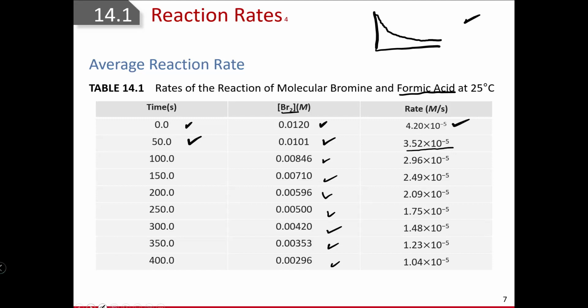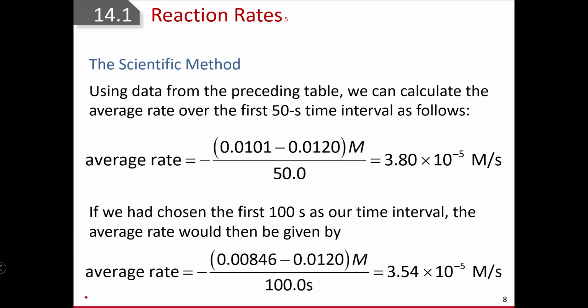So again, if I subtract 100 from 50, and I subtract this concentration from that concentration, that's an average. That's an average rate, right? I'm not looking at a particular point, like that particular point. I'm looking at an average rate, so keep that in mind. So the average rate, they said, looking at the data, you look at the first 50 seconds.